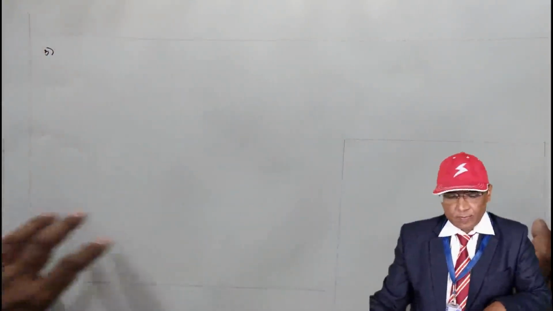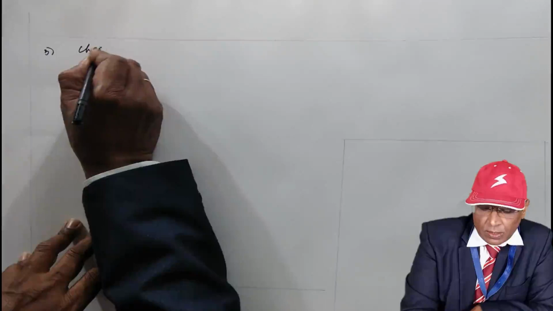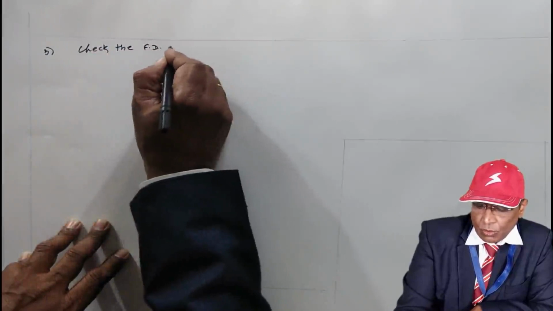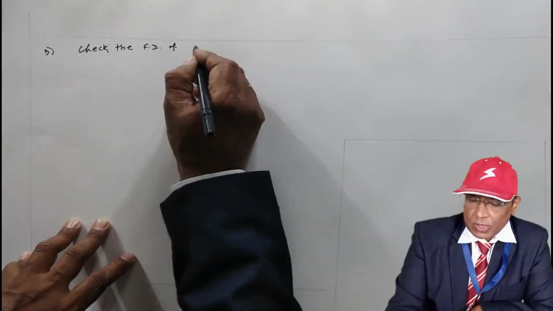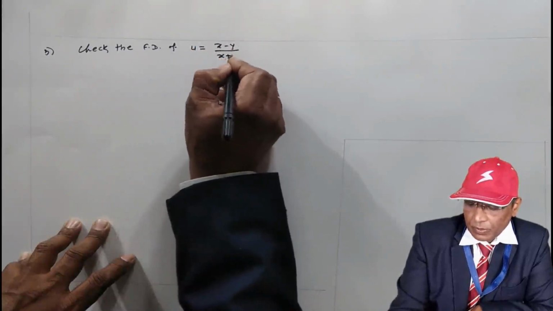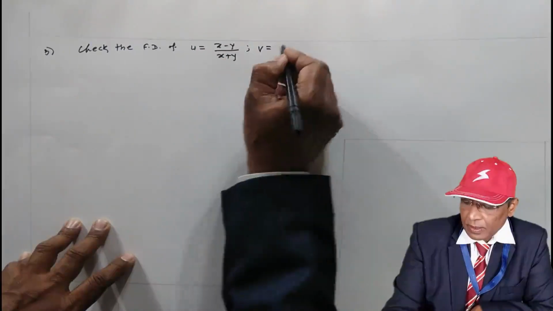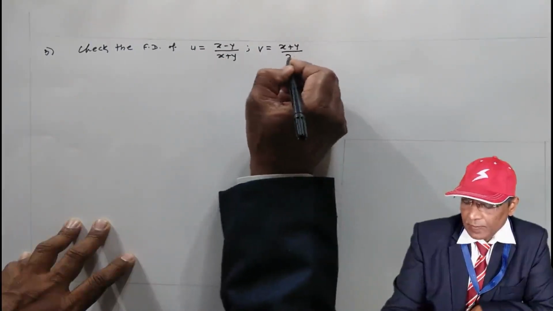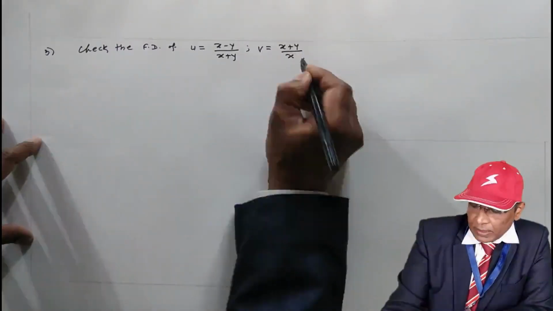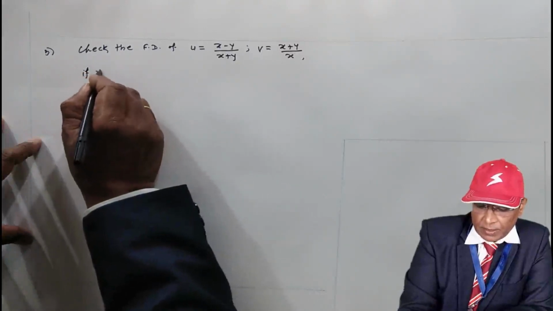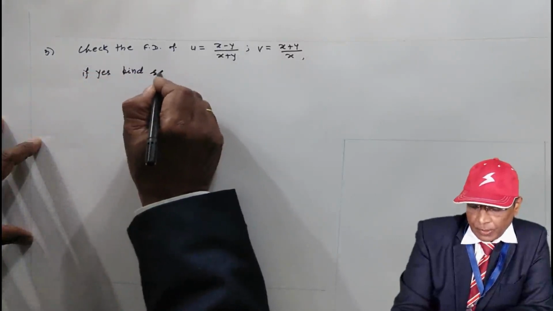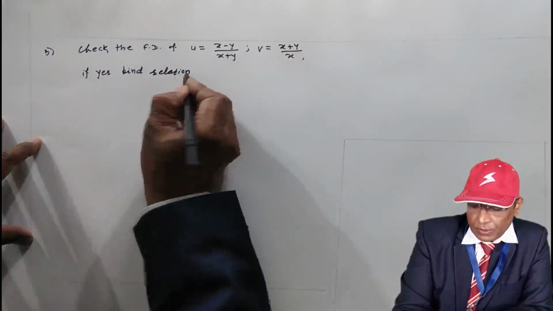The question is like this: check the functional dependence of these two functions, and v is x plus y by x. We are going to check the functional dependence of this, and if they are functionally dependent, find the relation between them.